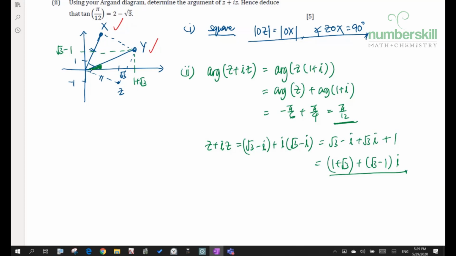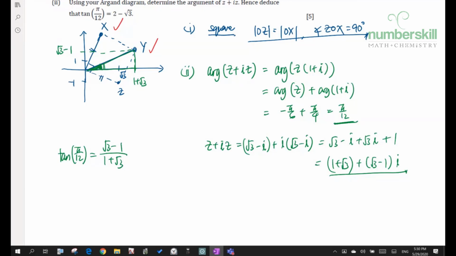Therefore, you should be able to spot the right angle triangle, and this is the angle pi/12 that you are trying to find using what? Tangent. So together with the diagram, it is obvious now that if you do tangent pi/12, we're going to get opposite over adjacent. The opposite side happens to be √3 minus 1, and the adjacent is 1 plus √3. This is, I think, what they meant by using a diagram.